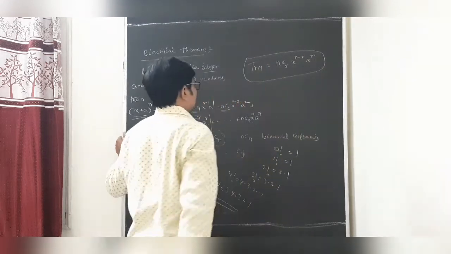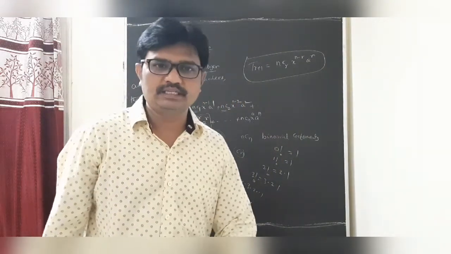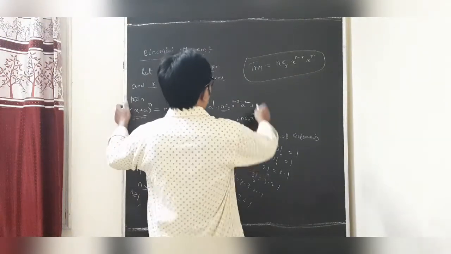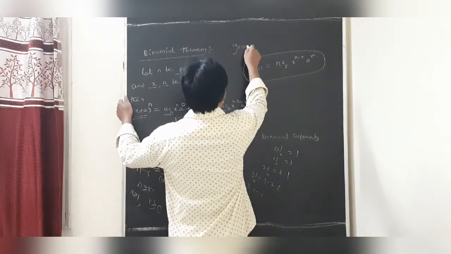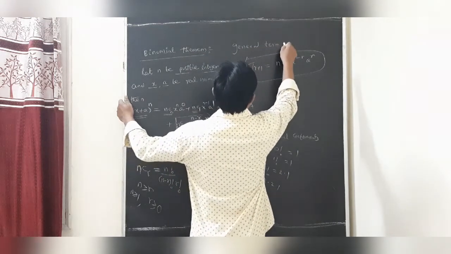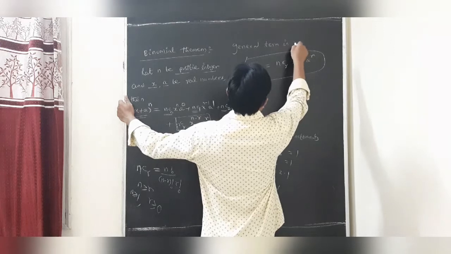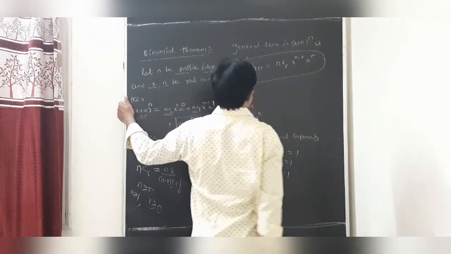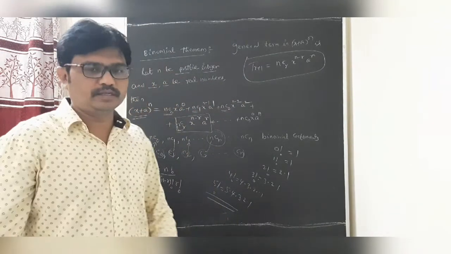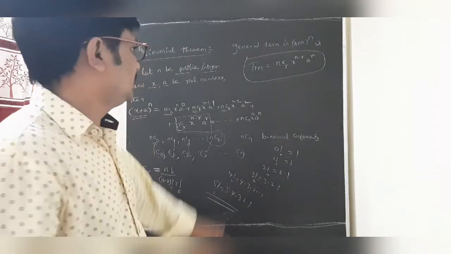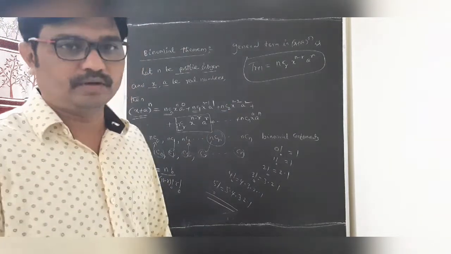This T(r plus 1) equal to nCr x power n minus r a power r is called the general term in the expansion of (x plus a) whole power n.